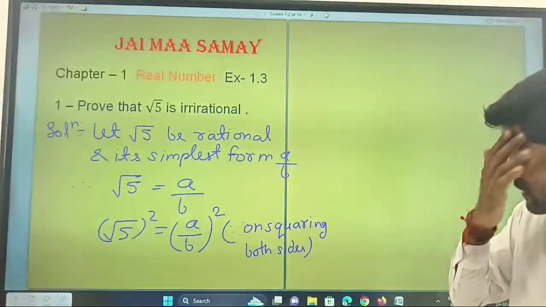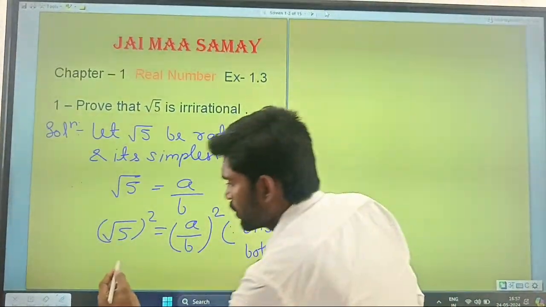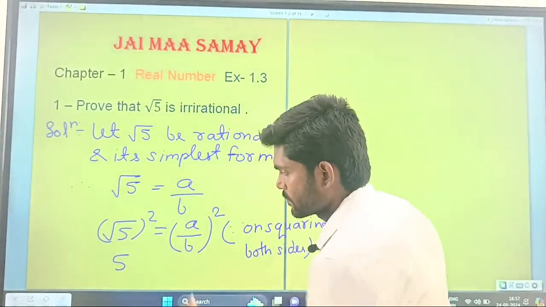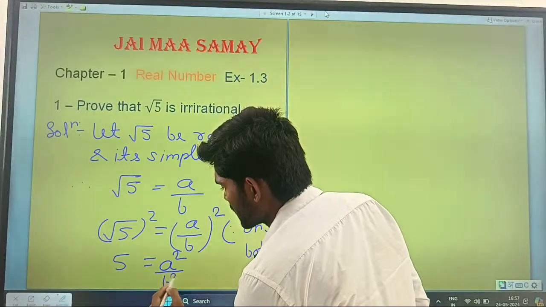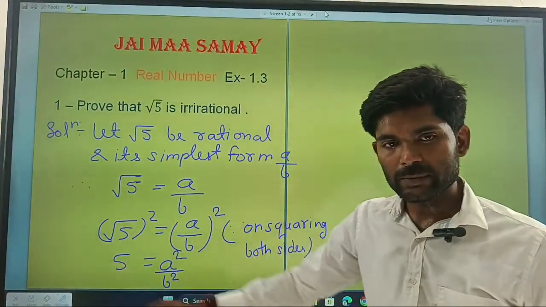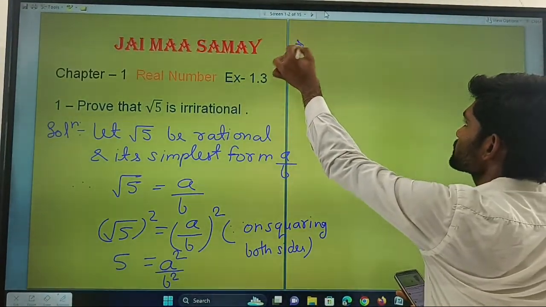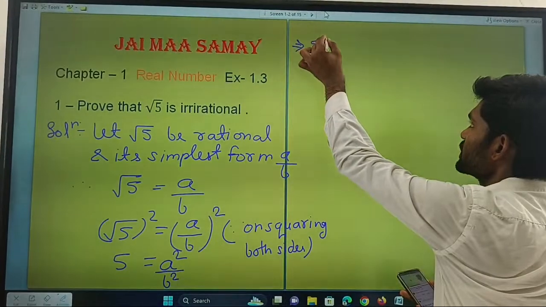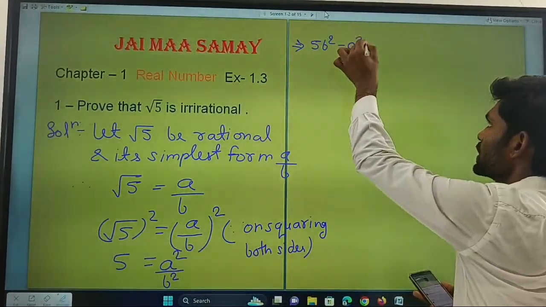Clear? Then under root 5 square is only 5. Here A square upon B square. Now this place divide and that place multiply. Then what next line can we write? 5B square equal to A square.